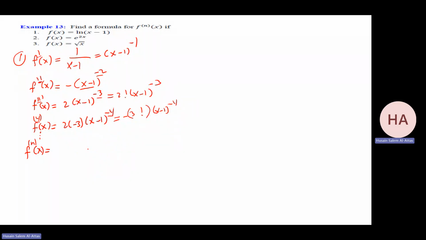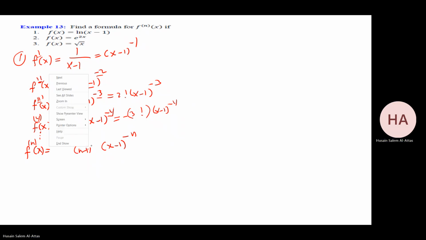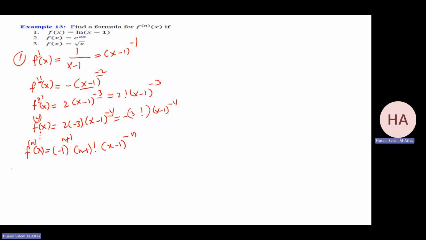So I will have (x minus 1) to the power minus n, and here I have n minus 1 factorial, and this will be minus 1 to the power n plus 1. So for the odd, it will be positive, and for the even, it will be negative. Okay, number 2.